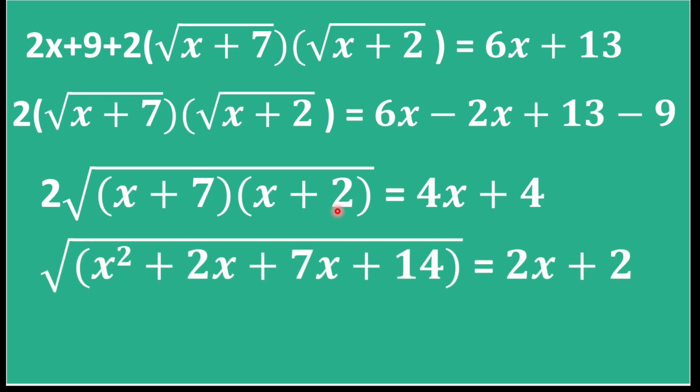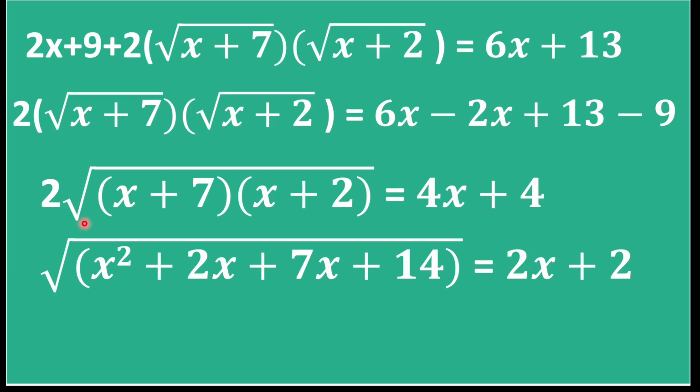And now we will expand this x plus 7 into x plus 2. So first we will multiply this x with this x, so it will become x square, and then this x with this 2, so this will become 2x plus 7x and plus 14, which is equal to 2x plus 2.